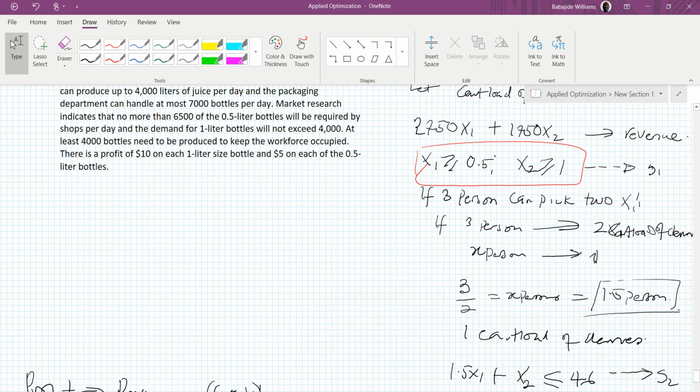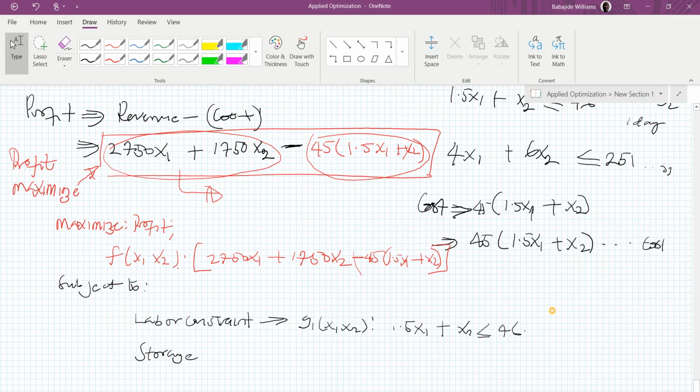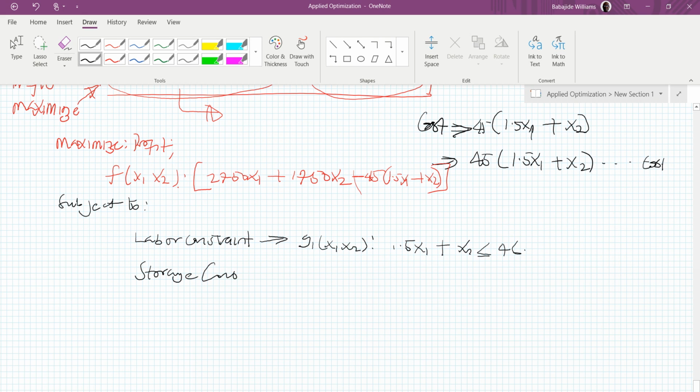So the storage constraint, let's call that G2(x1, x2), says that both the cartload of cherries and the cartload of blueberries must not exceed 30 per day.